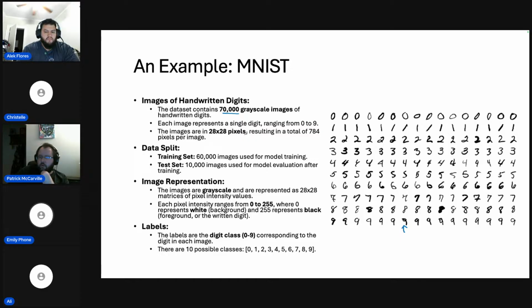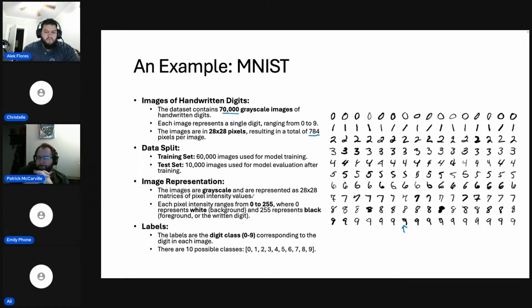The way these are represented is in 28 by 28 pixel images, and that gives us 784 pixels in an image. We'll talk about this, I think, on the next slide, but these are our features. You might ask, what are the features for a data set like this? Well, our pixels actually end up being our features. So for our training set, we have 60,000 in our training, and 10,000 in our test.